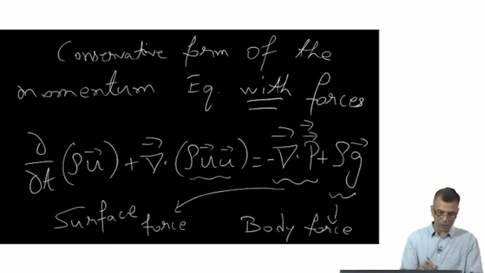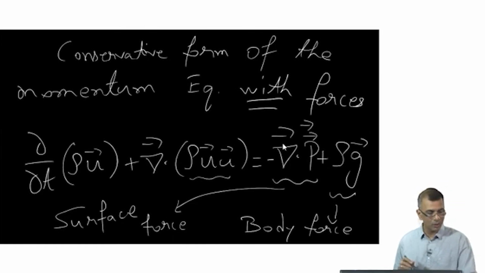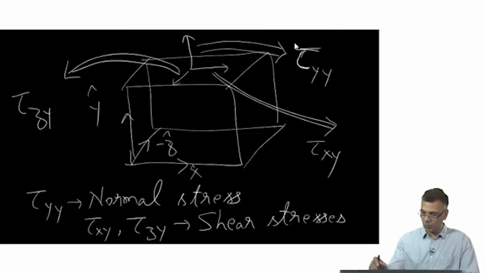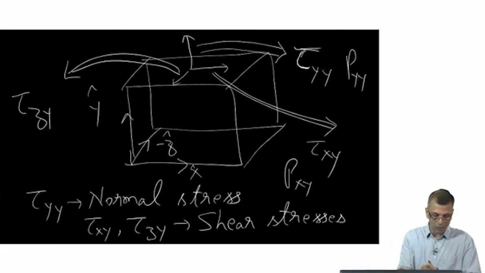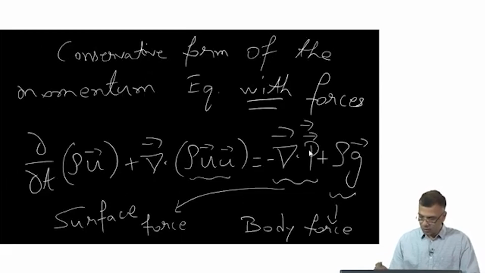In particular, we are talking about the divergence of the pressure tensor. The elements of the pressure tensor, the Pij, would just be, when I write tau, I really mean P. This is the same as P. You can think of it as tau yy or Pyy, tau xy or Pxy, and so on. We need to understand what the divergence of a tensor is.